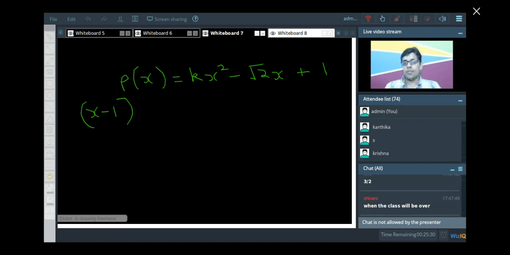Now can you find here the value of k again by using the factor theorem?